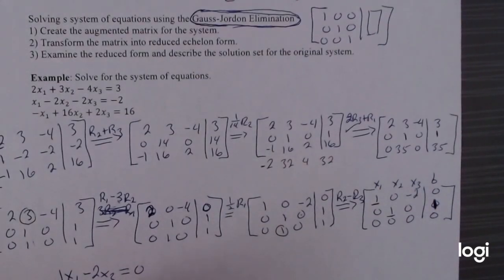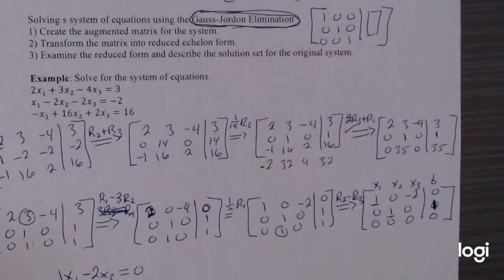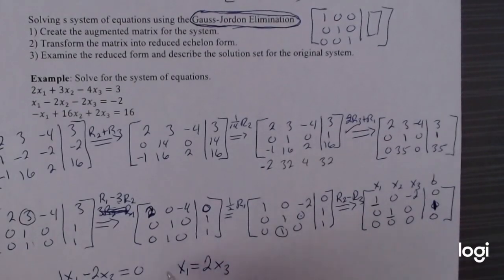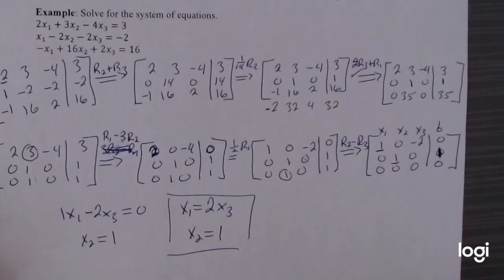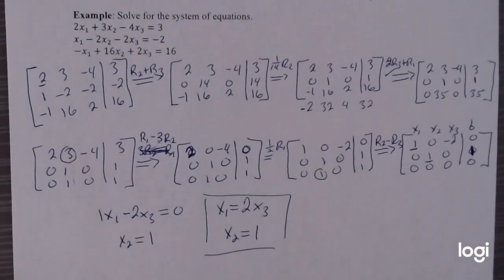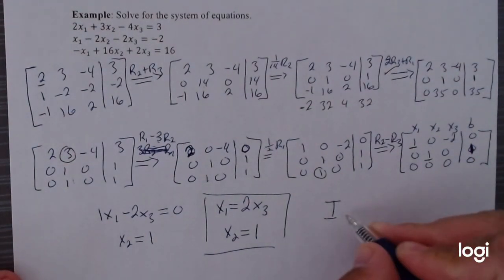This is saying x2 is equal to 1. Okay. So if I solve for x1, we have these as our general solution. Okay. So in this case, we have infinitely many solutions.